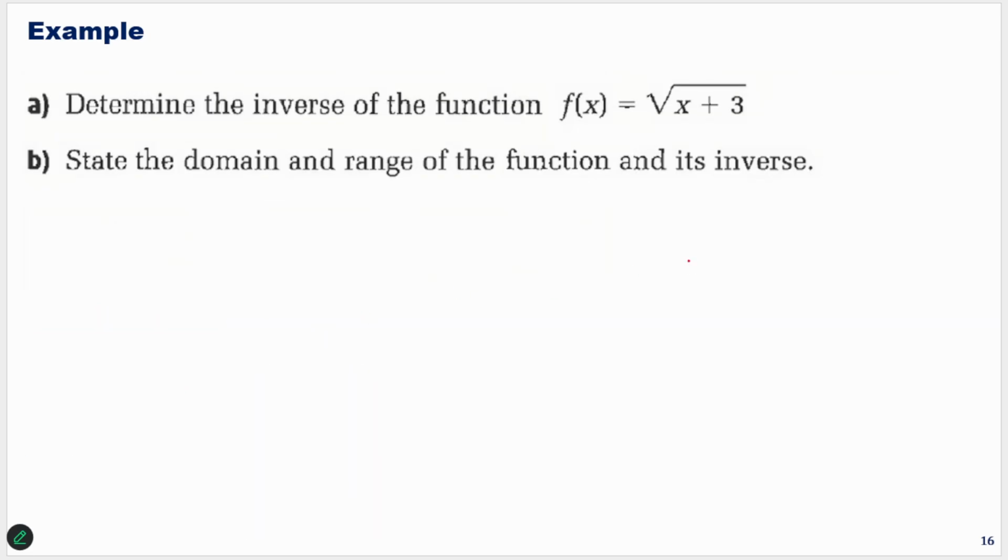So this time this function is expressed using a formula. The name of this function is f. It maps x to the square root of x plus 3. So can you determine the inverse of that function, and then state the domain and range of the function and its inverse? Again, let me know if you finish.